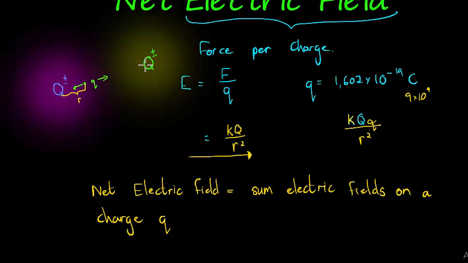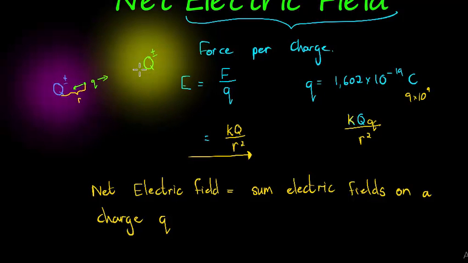Another charge that will also have an effect on q. Again, it depends what is going to happen. The charge q will now experience a force, either being attracted or repelled. So we have two charges acting on q.